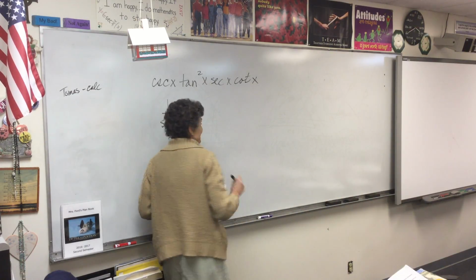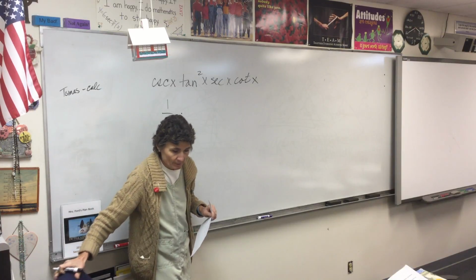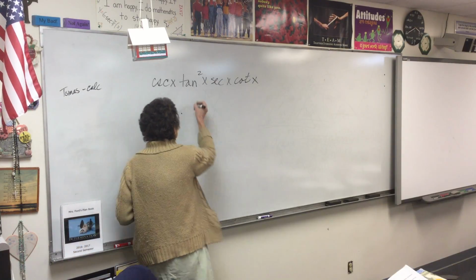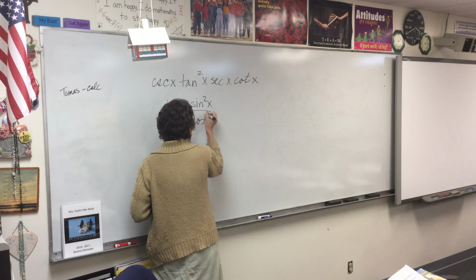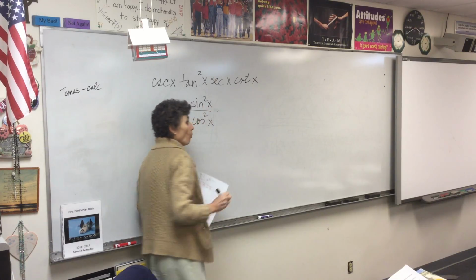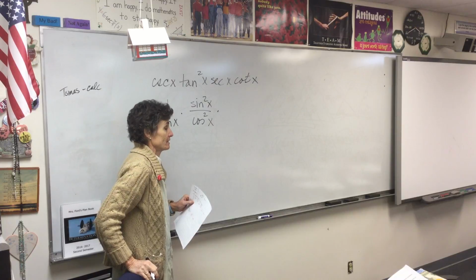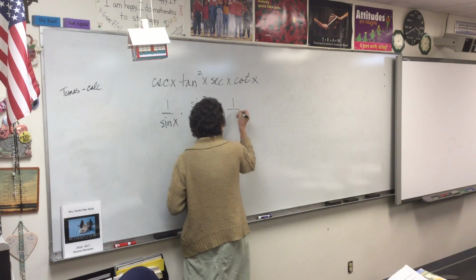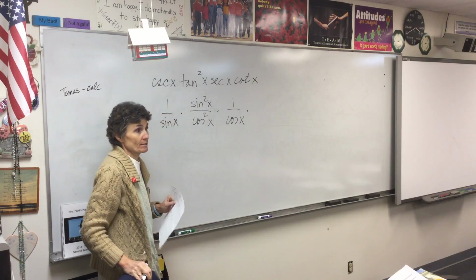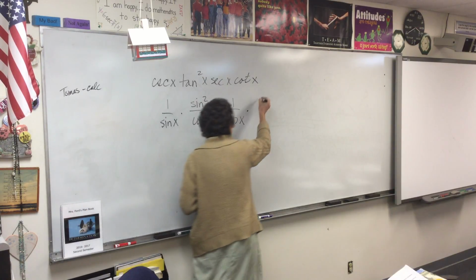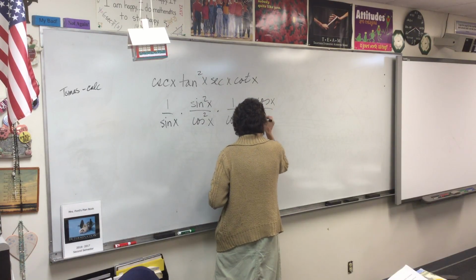Good. What is tangent? Sine, and this time it would be sine squared over cosine squared. What is secant? 1 over cosine. And what is cotangent? Cosine over sine.